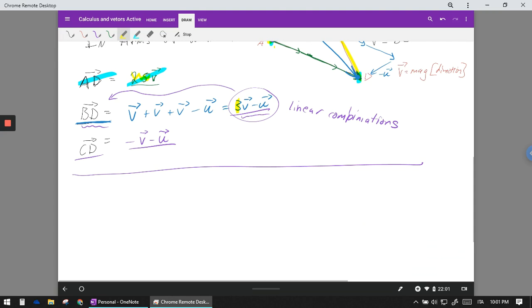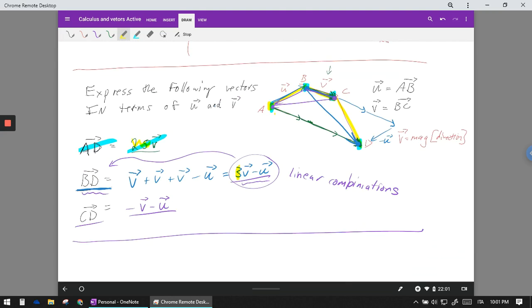All right. And so notice what we did there. We took the V vector and we multiplied it by 3 in order to achieve a vector that's 3 times larger. Well, why did we need that? Because we somehow needed to get from B to D, but we were only allowed to use V and U as our sort of conduits of motion, okay?